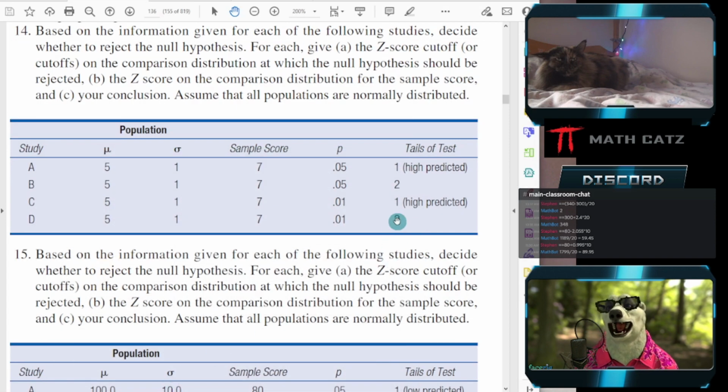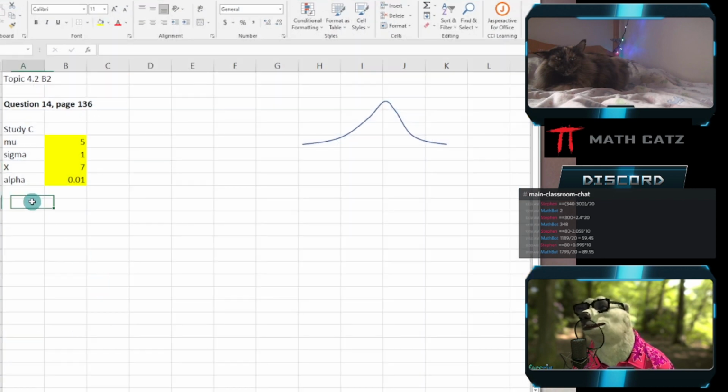So now we have in C, one-tailed test on the high side. So our null hypothesis is testing whether the true mean is more than this population mean of 5. So let's write down, over here maybe, our H0.